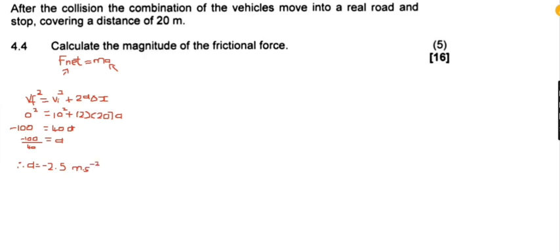Now what we can do finally is plug this into the F-net formula. But what we also have to realize is that the only force acting on these objects is friction. That is the only force, there's no applied force, there's no tension, there's nothing. The only force that could cause these vehicles to stop is friction. So this entire F-net we know is just going to be equal to friction.